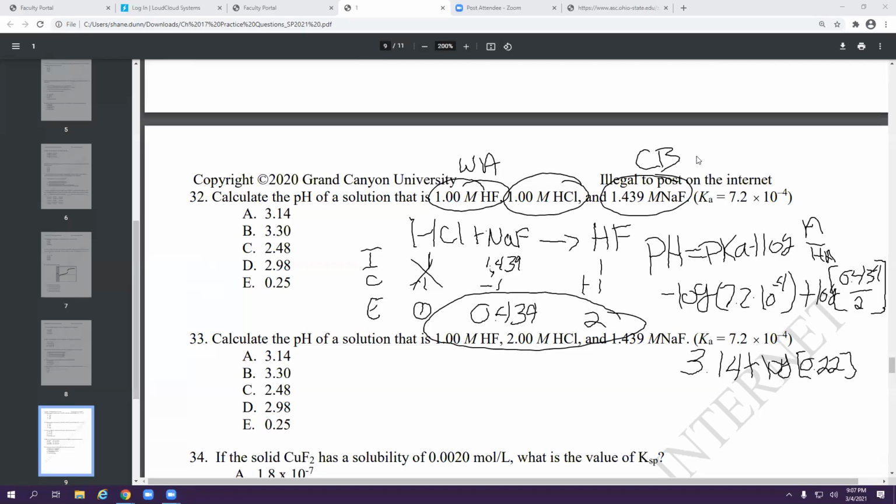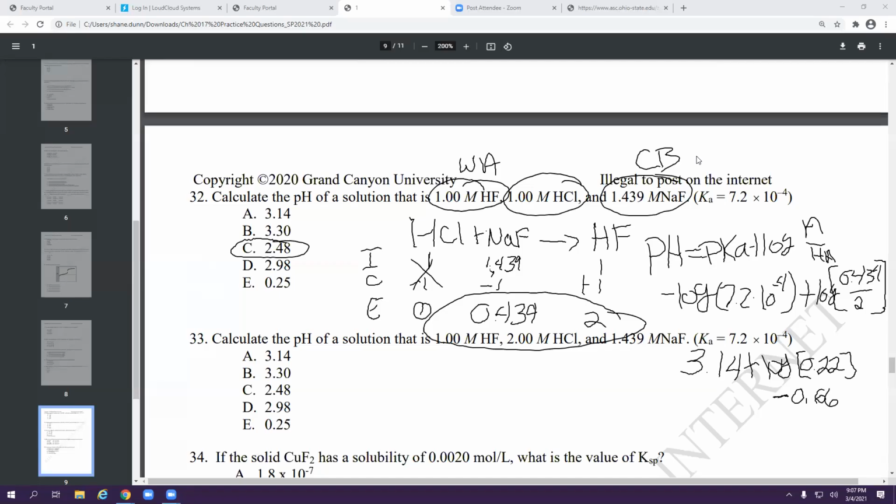The log of that number gives you an actual negative number. So negative 0.66. And you'll get C as an answer. Does that make sense? Okay.